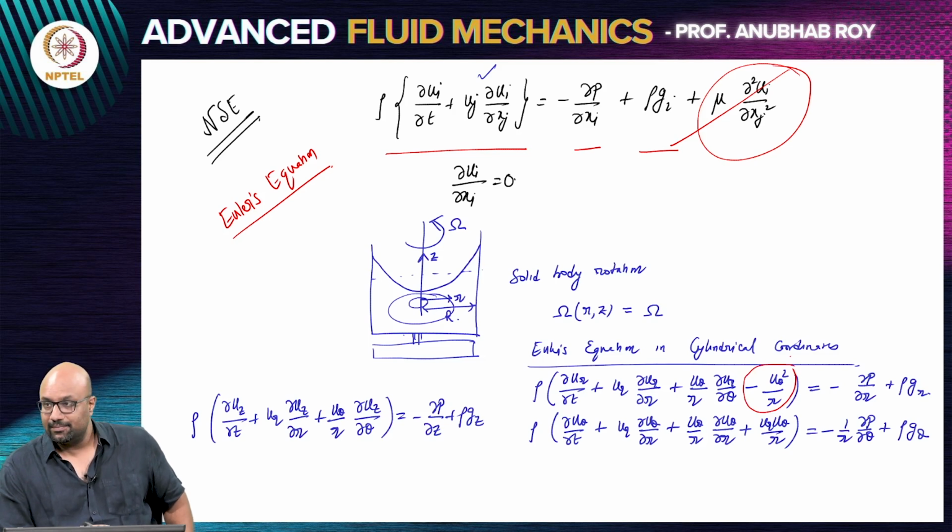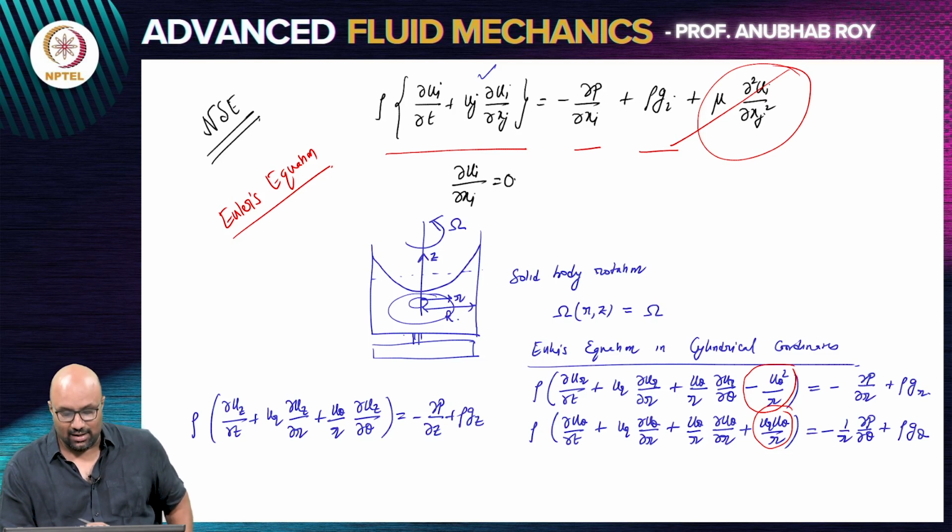Dimensionally, it is correct. That term has units of velocity square by length, which is what u dot del u is, but it does not have the form of any derivative. And this is something which you are going to see regularly when you start looking at these conservation equations in curvilinear coordinate system. So, why does this come about?